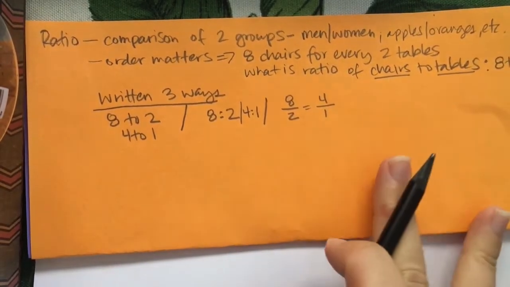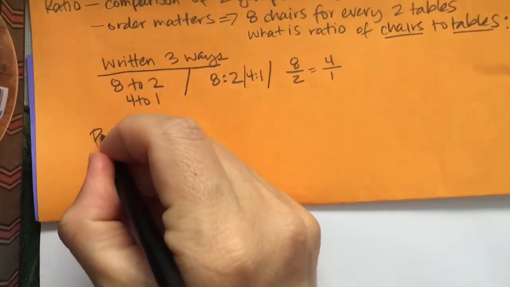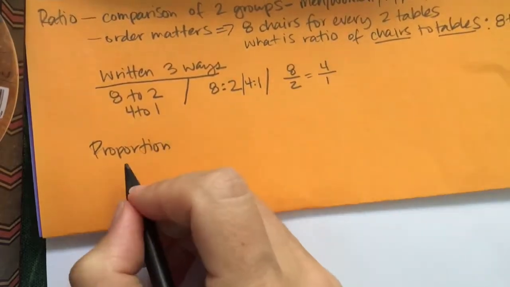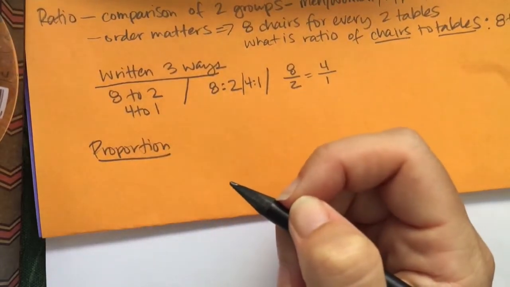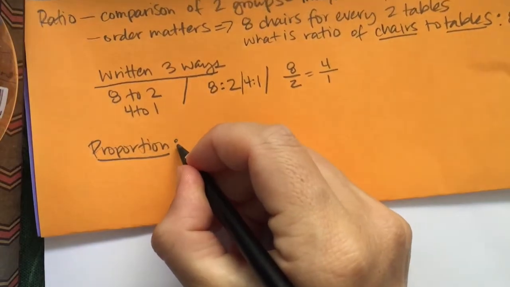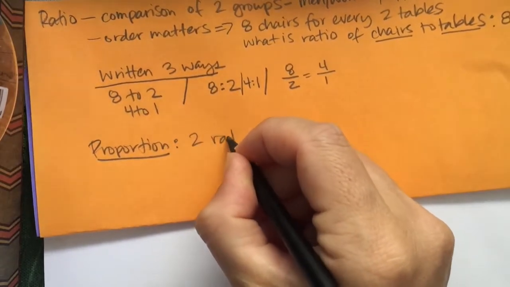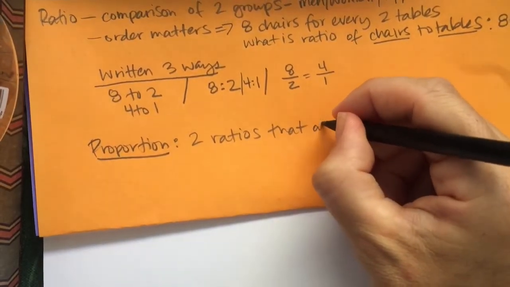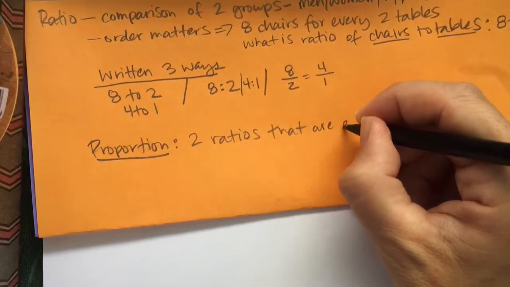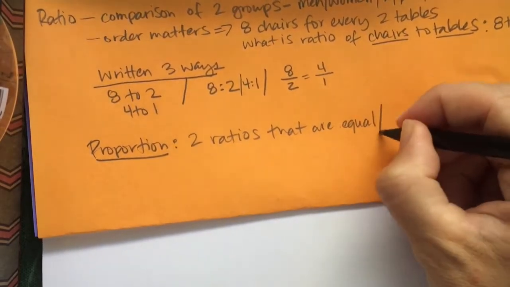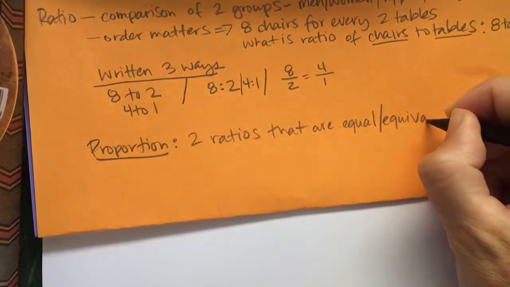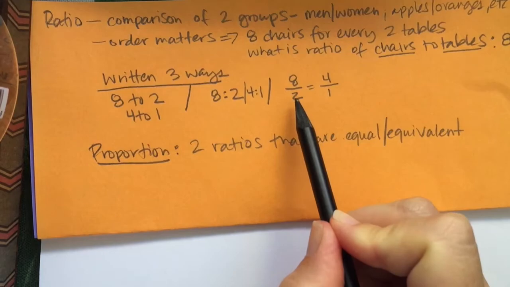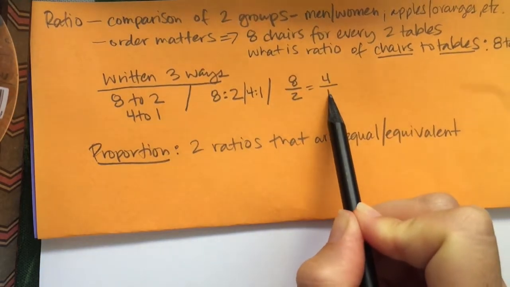Now, when we talk about proportion, a proportion is simply 2 ratios that are equal, that are equivalent. So for example, here I have 2 ratios, 8 to 2 and 4 to 1.